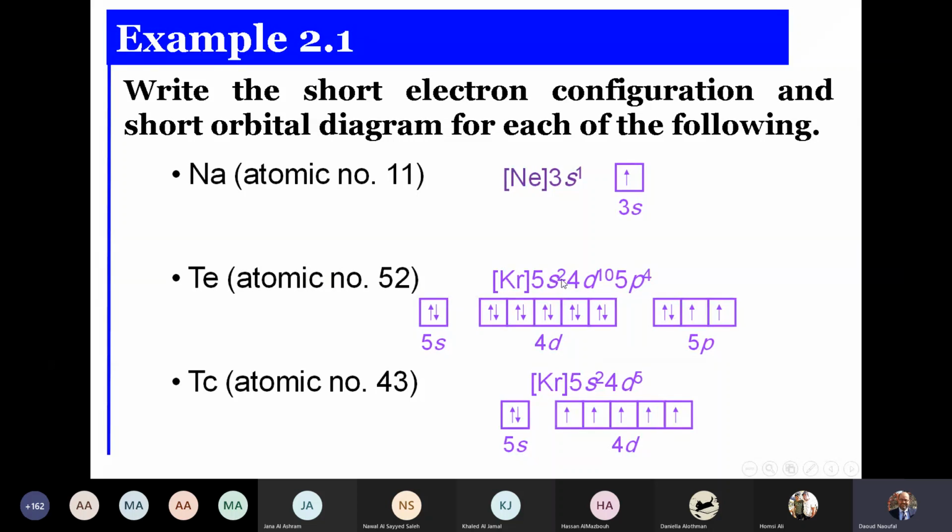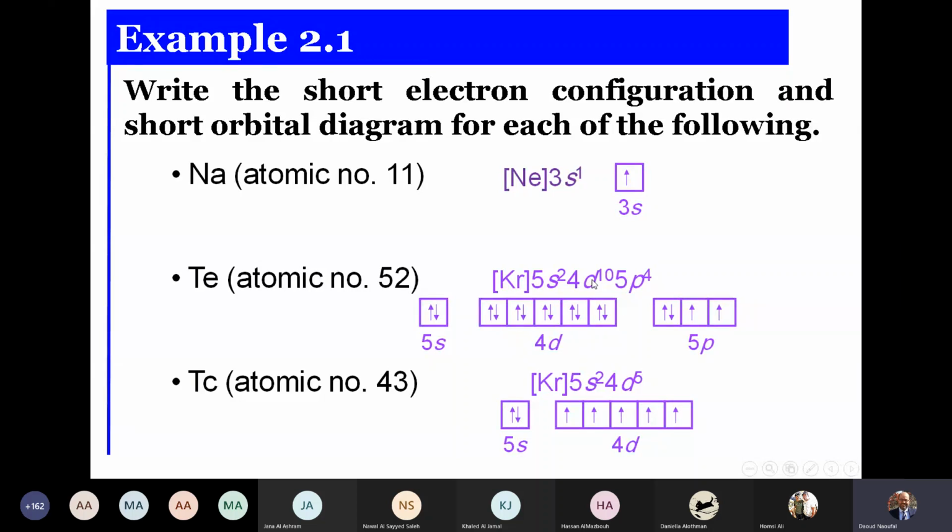So 36 and 2, 38, and 10, 48, and 4, 52. So we write only the box representation of the remaining electronic configuration. So 5s, we have 1 box, 2 electrons, 2 arrows in inverse directions.